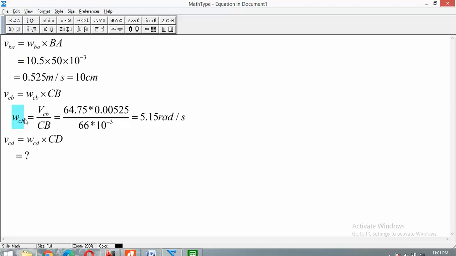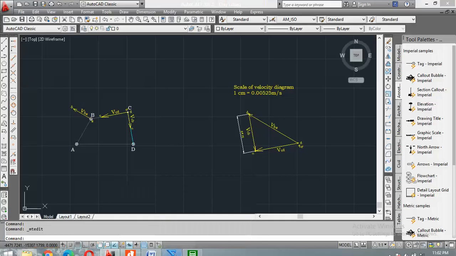angular velocity is also vectorial quantity, so only magnitude is not enough. Say omega CB is equal to 5.15 radian per second, this much answer is not enough. We have to tell the direction, okay. So how can you calculate the direction of omega CB, okay.